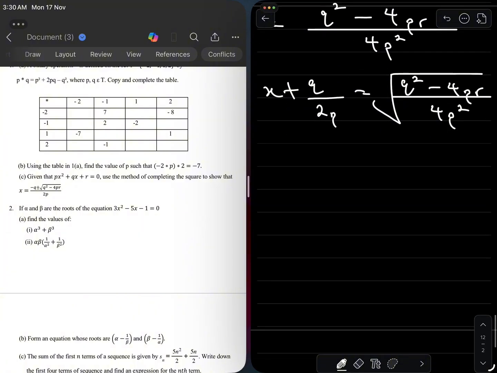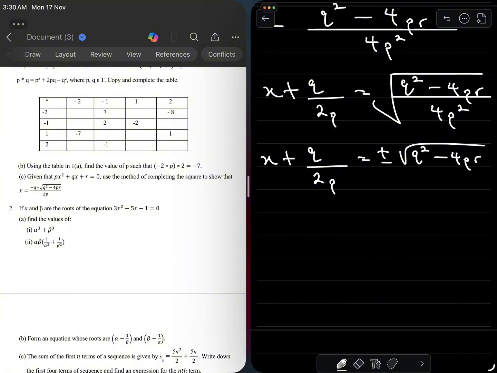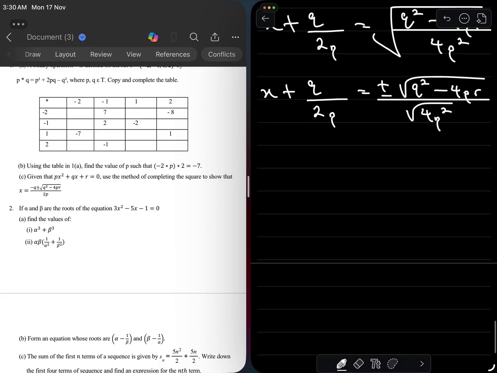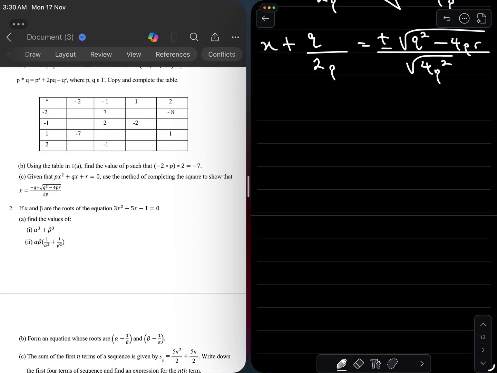And that means x plus q over 2p is equal to, we know that squares have 2 roots, so that's plus or minus root q squared minus 4pr over the square root of 4p squared. And now the square root of 4p squared will be 2p. The square root of 4 is 2. The square root of p squared is p.